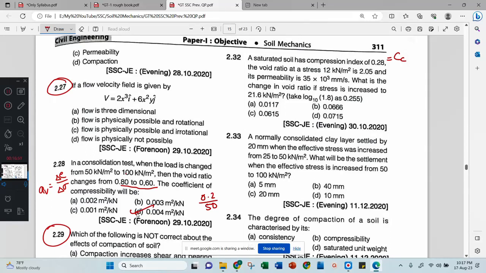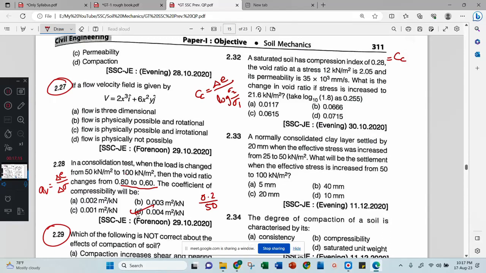Which equation? Cc equal to delta e divided by log of sigma 2 by sigma 1. What is the change in void ratio?